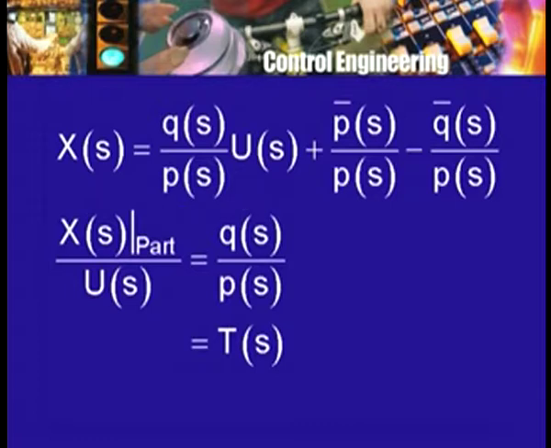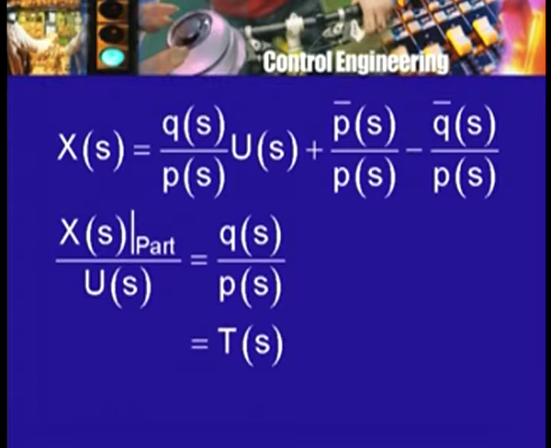The third term depends on the Laplace transform of the input U of s, and it involves the two polynomials Q and P. And when we look at only this part, then we write X of s divided by U of s. So in other words, we are not looking at the entire X of s, but we are looking at a part of it. This is Q of s by P of s, and this was our definition of transfer function.